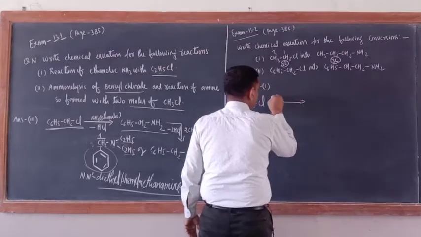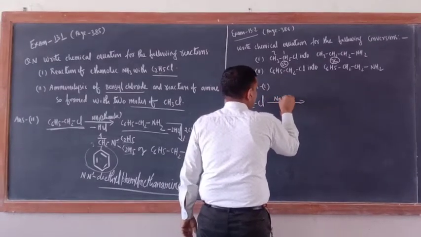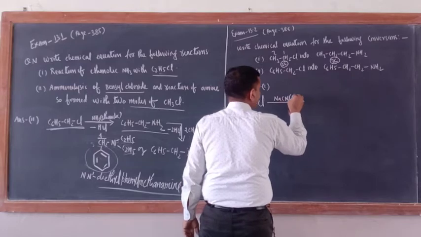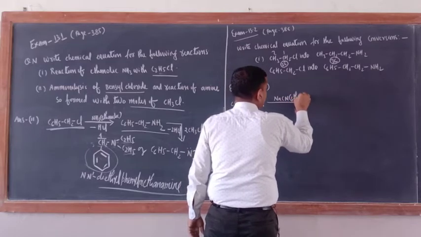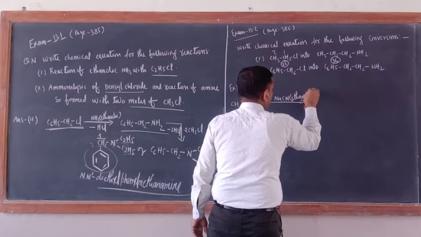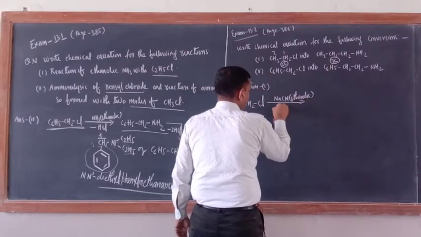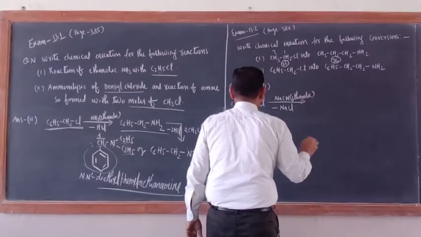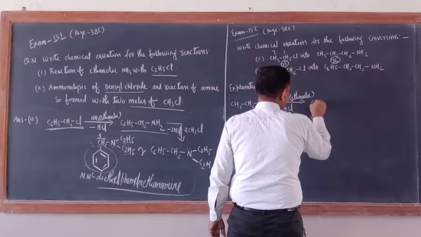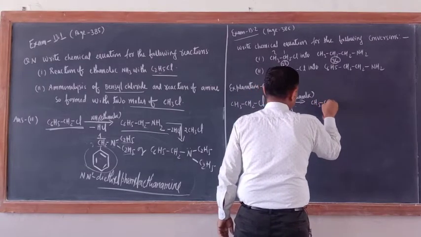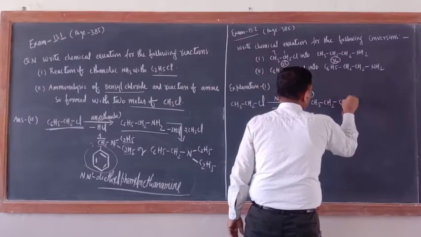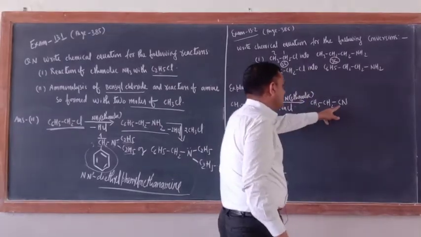Its reaction with NaCN, alcoholic, ethanolic. So here NaCl, and the product is CH3CH2CN. Okay, now 1 carbon atom is increased.